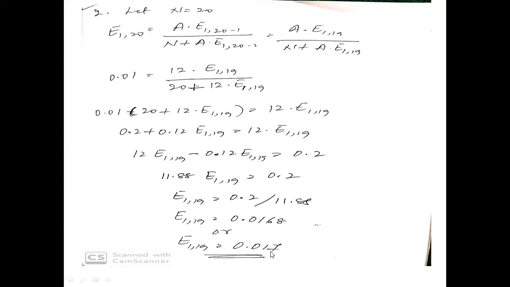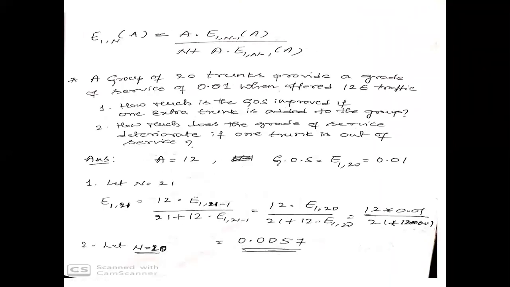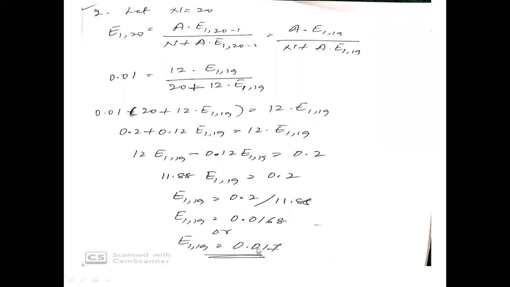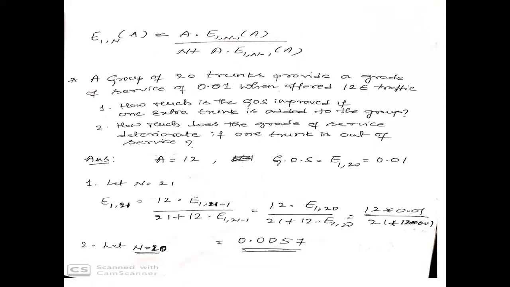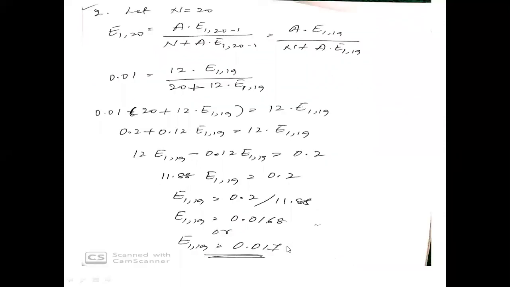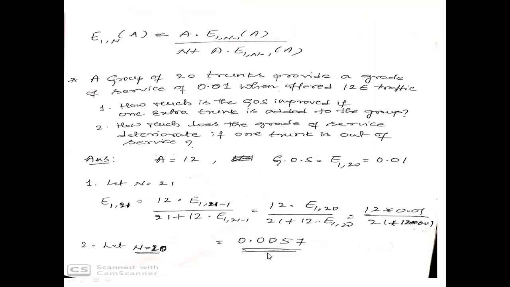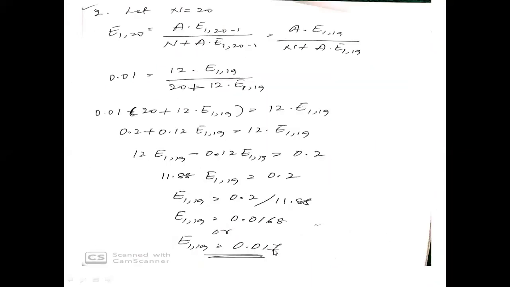0.017. Look at the grade of service of E(1,21) and E(1,19). Please look at these two. The grade of service in this case is 0.0057, and the grade of service of E(1,19) is 0.017. Among these two, E(1,21), the grade of service of 21 trunks, is less compared to the grade of service of 19 trunks.